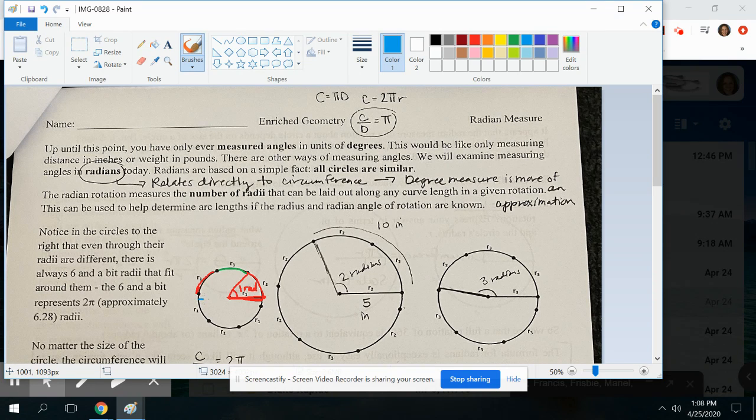If I extend this across this diameter, I notice that I have 1, 2, 3, and a little bit more in terms of how many radii fit along the arc. Well, if I think about 3 and a little bit more, I might think of it as the number 3.14. There's pi. So there are pi radians along half a circle, a semicircle.